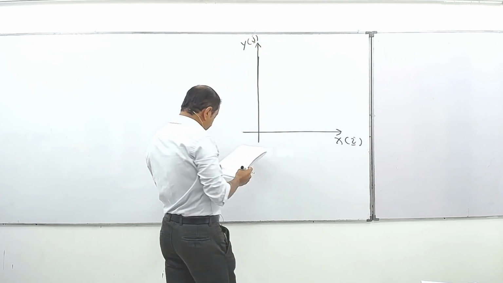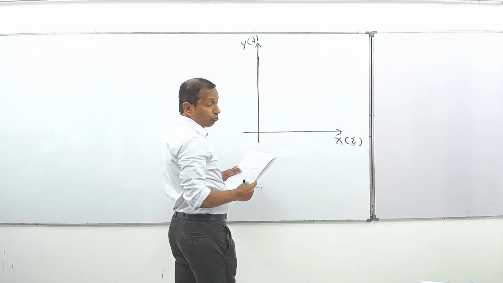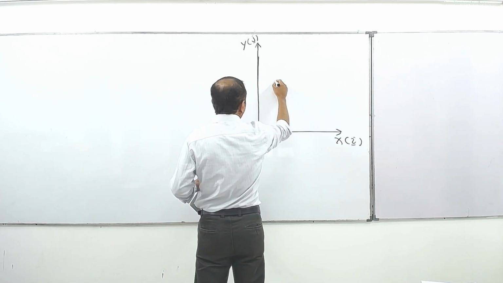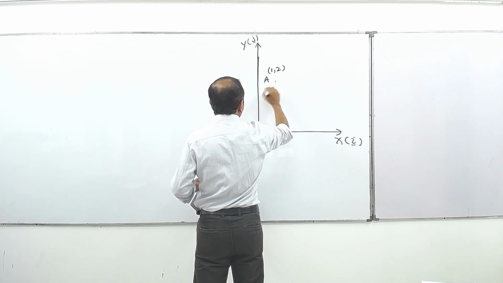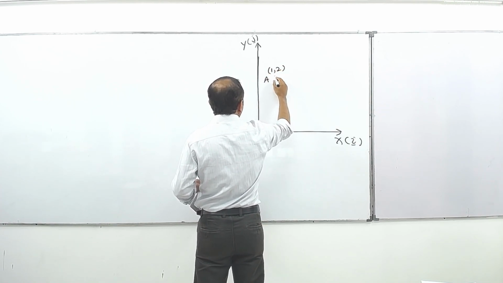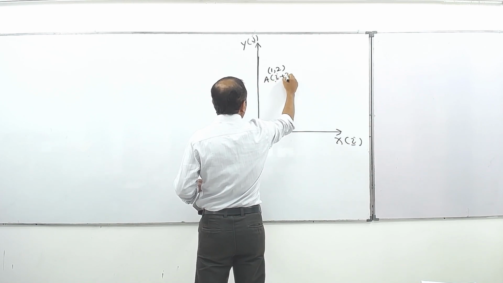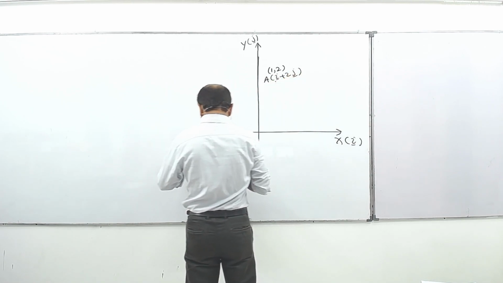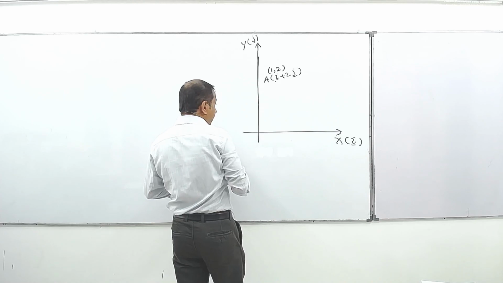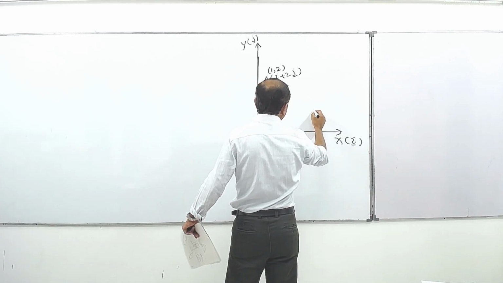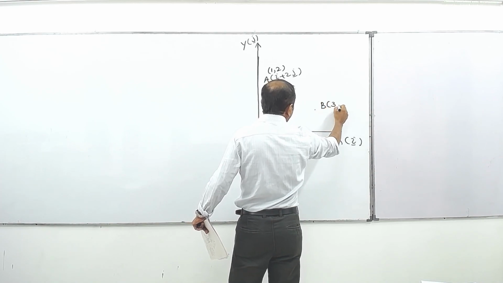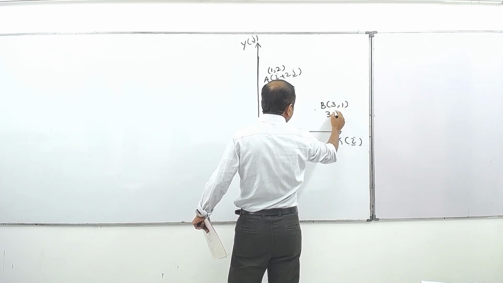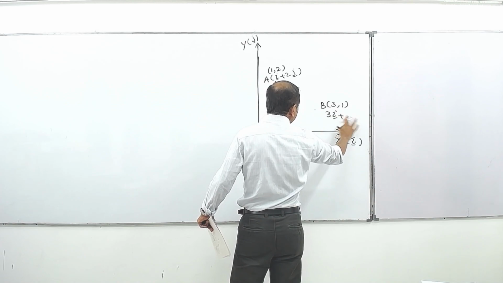Point A has position vector i plus 2j, means point is (1, 2) here. 1, 2 is the point A. Then the position vector is i plus 2j. Point B, 3i plus j, point B should be (3, 1). 3i plus j is the position vector.